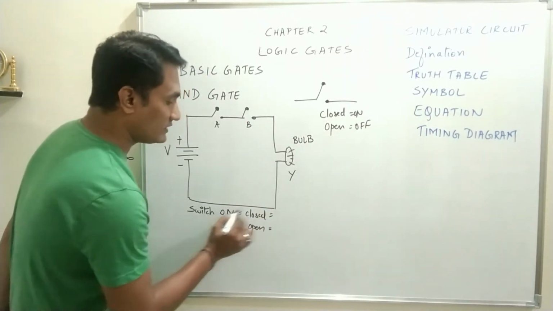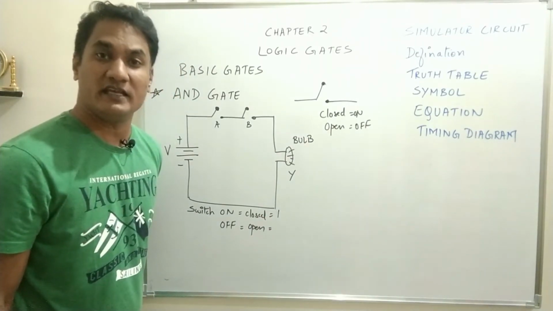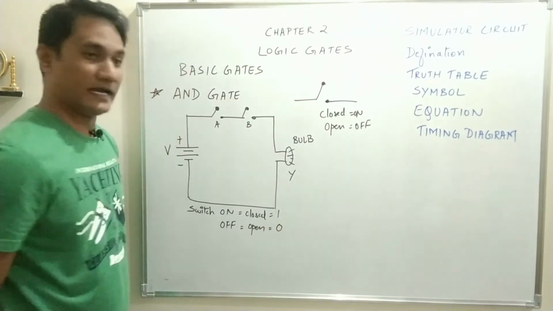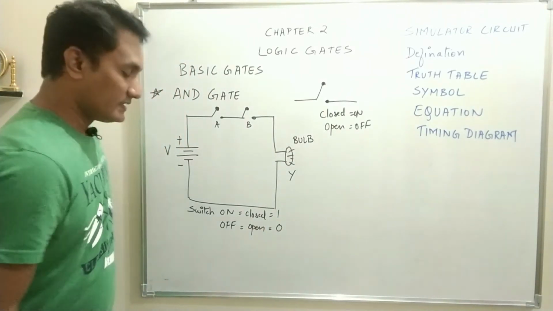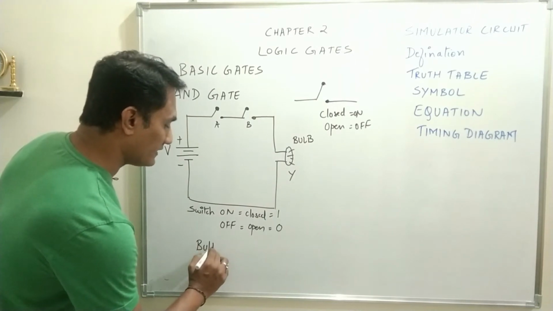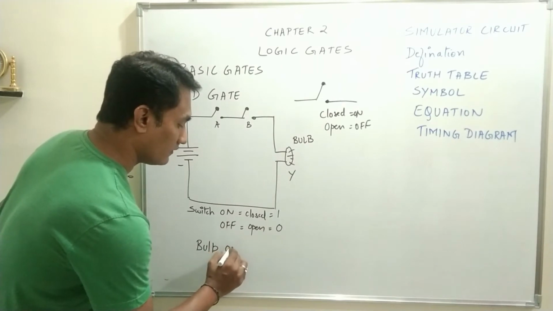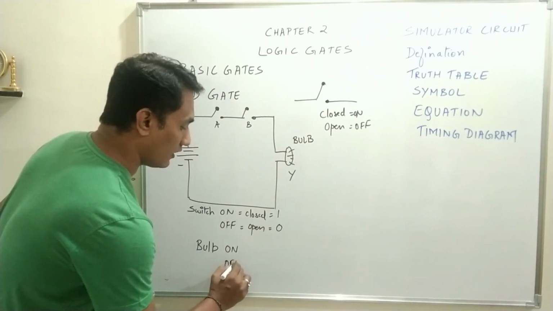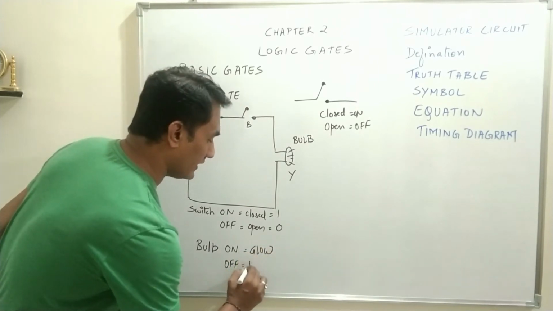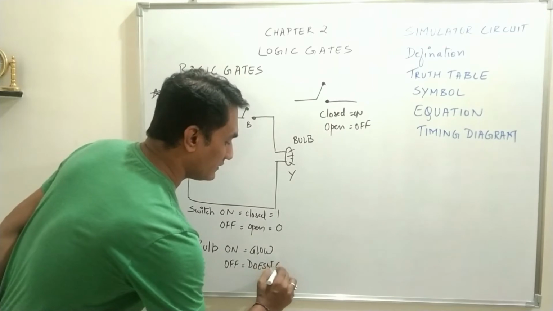We say when the switch is on, it is represented by binary 1, and when the switch is off, it is represented by binary 0. Similarly the bulb will be on or off. That means it glows or it doesn't glow.